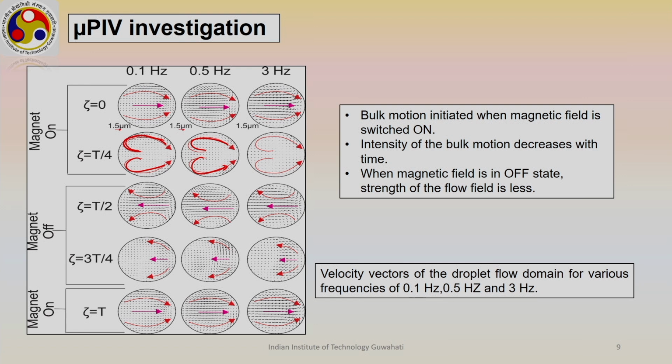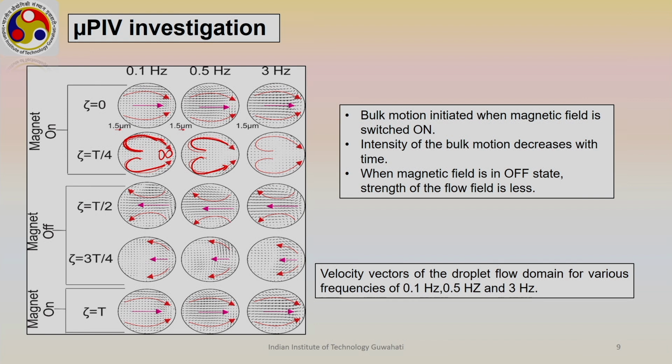So the particles are still moving because of the magnetic on stage, but the movement is not straightforward; it follows the path shown by the arrow, as the deposited particles create resistance.